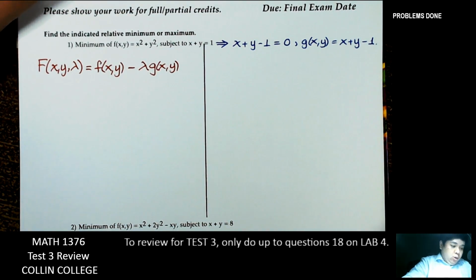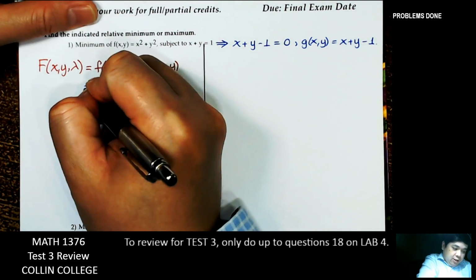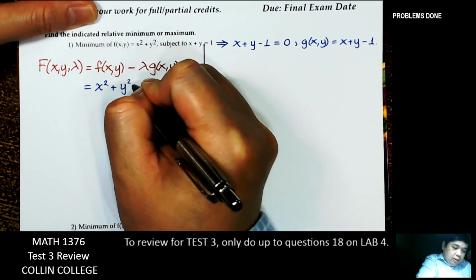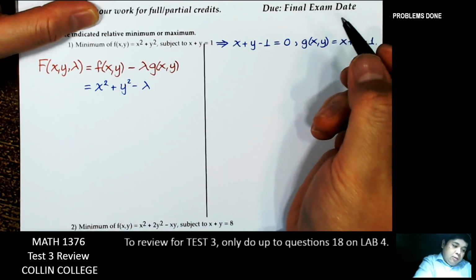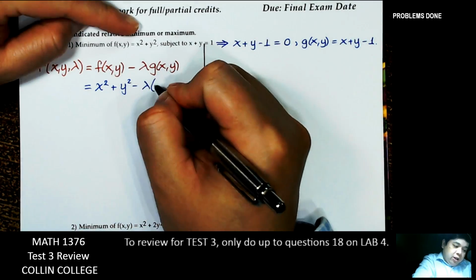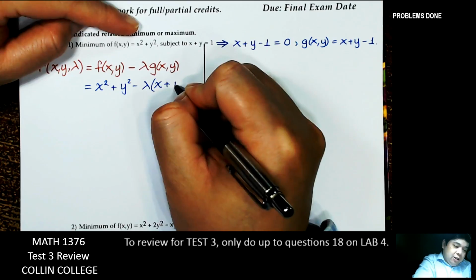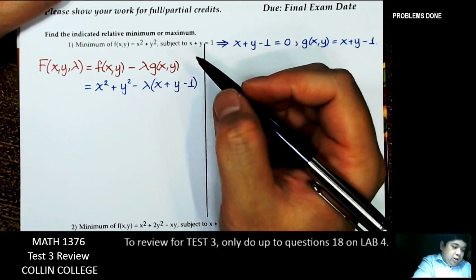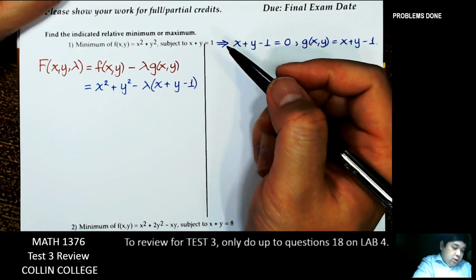So we do that, g of x y, and then we multiply it out.